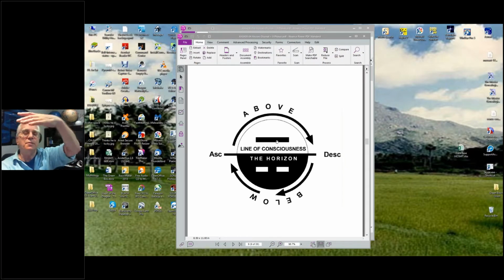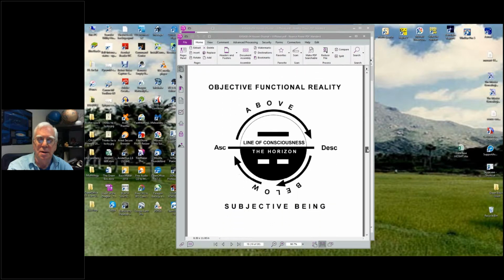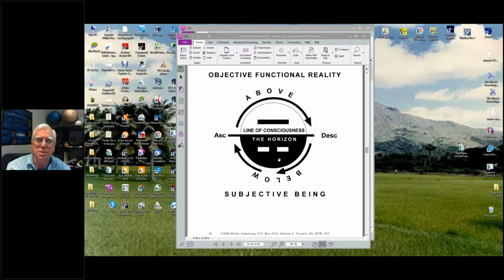In the houses, it's above the horizon or below. So the light is above the horizon, and below is within. Below, the dark is below. So we had the rising, above, below, rising, setting. This is the line of consciousness. Conscious of the difference between your subjective being and the outer world, where I'm coming from, and where I'm going to, what world I'm stuck in, and how it's happening, and why is it happening to me.